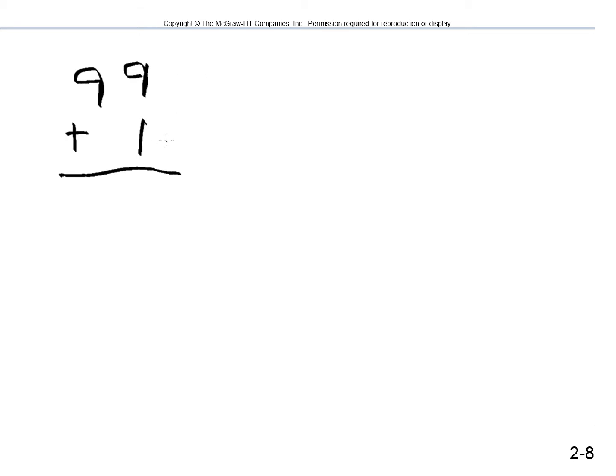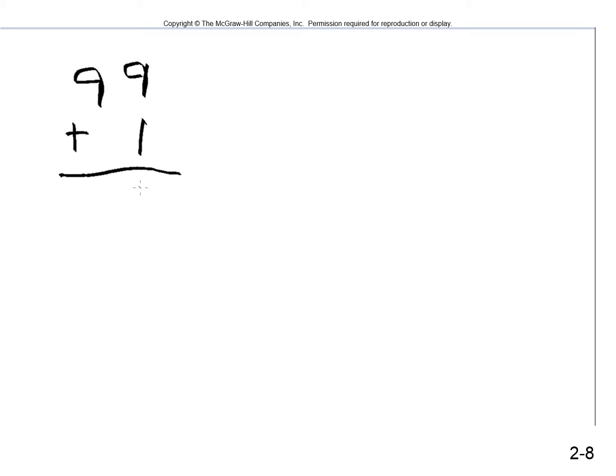Let's just talk about what happens when you add 99 plus 1. Well, 99 is the largest value that can be represented with a 2-digit base 10 number. So when we add 1 to 99, we're going to exceed, or overflow, the capacity of each of those 2 digits.